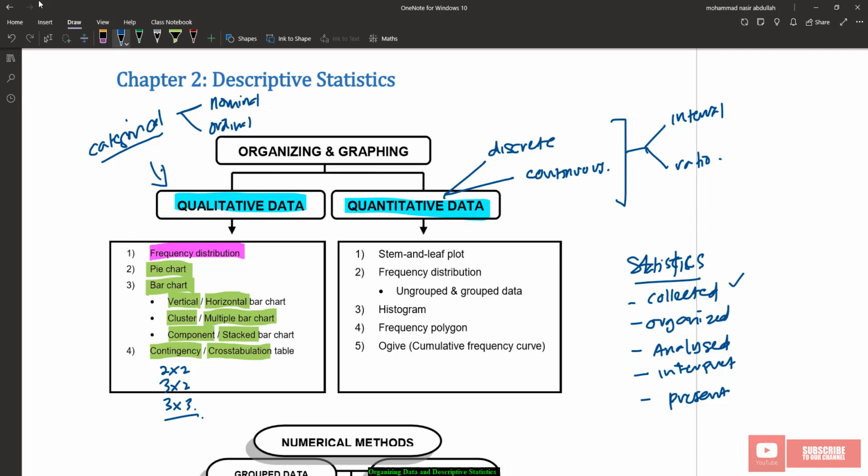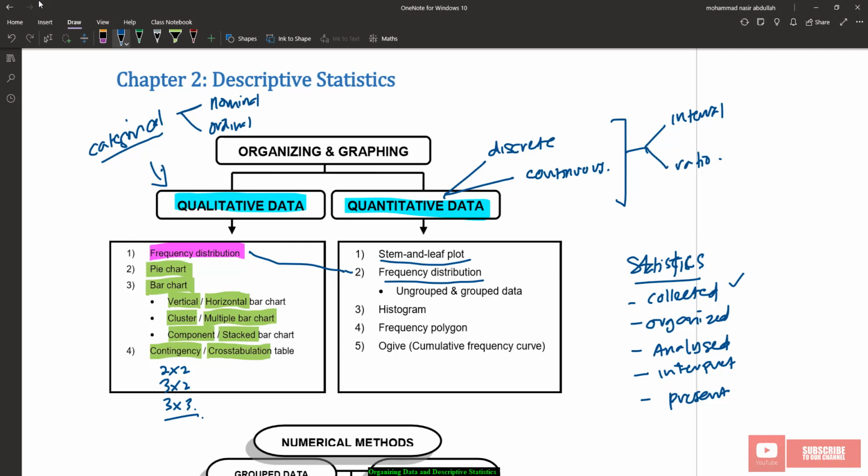So for quantitative data, we can do a stem and leaf plot and frequency distribution. Frequency distribution is a kind of frequency table, same as for qualitative data. But for quantitative data, to construct a frequency distribution, we need to do some manipulation.